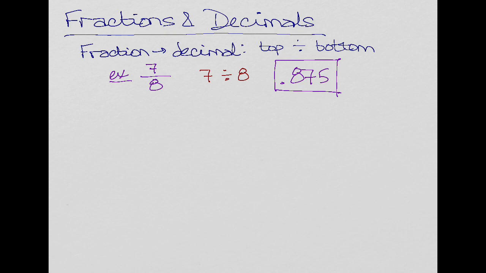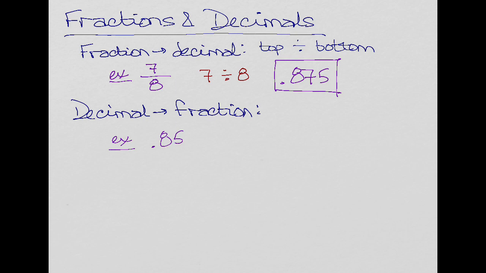To change a decimal to a fraction, we're going to look at a couple different possibilities here. The first one is I have a decimal that's kind of like 0.875. It's a set number of decimal places, like, let's use, for our example, 0.85.